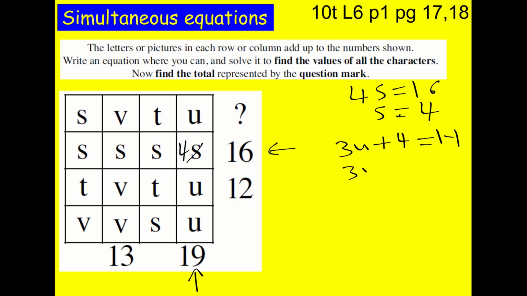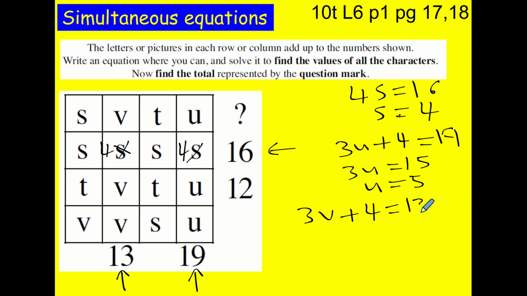So 3u is equal to 15 and u is equal to 5. Brilliant. I can also look up this column, replace my s by 4, and I've got that 3v plus 4 is equal to 13. Therefore 3v is equal to 9 and v is equal to 3.